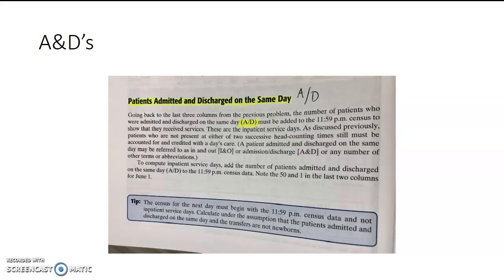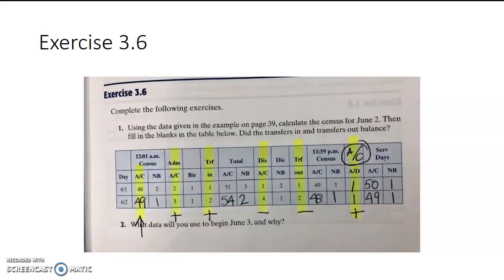They're only used for daily inpatient census and inpatient service days. And those are the people that were admitted and discharged between a census taking time. Okay, so you're going to get lots of practice with A&Ds, so you should feel super comfortable by the time it's time to take a quiz and a test.